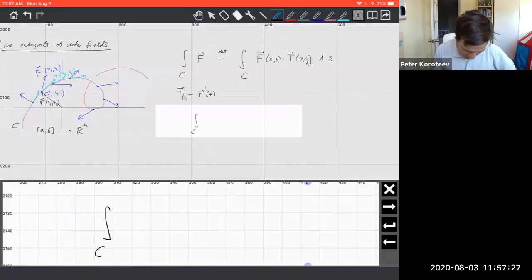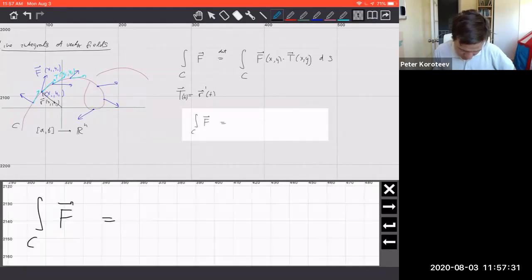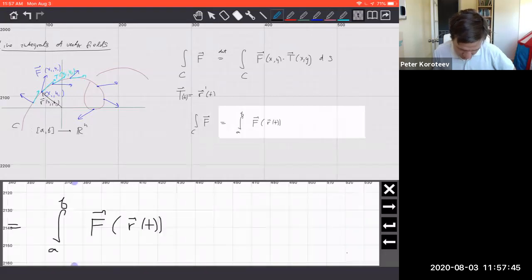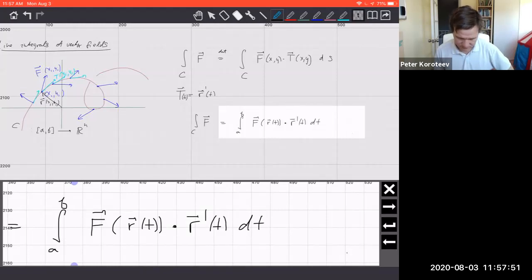So the integral over C of the vector field F is equal to the integral from a to b of F of r of t, dot with r prime of t, dt.